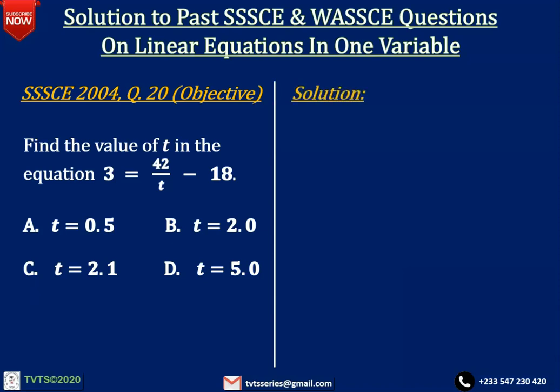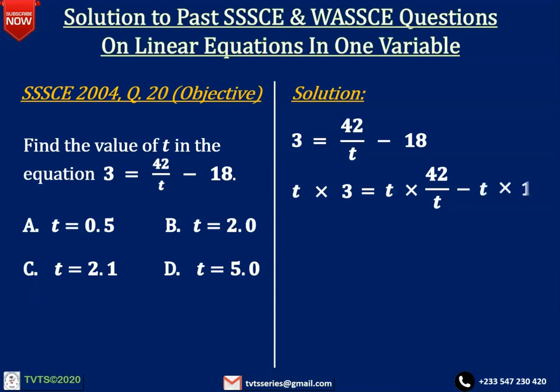We have the equation 3 is equal to 42 over t minus 18. Multiplying through by t, we have t times 3 is equal to t times 42 over t minus t times 18.